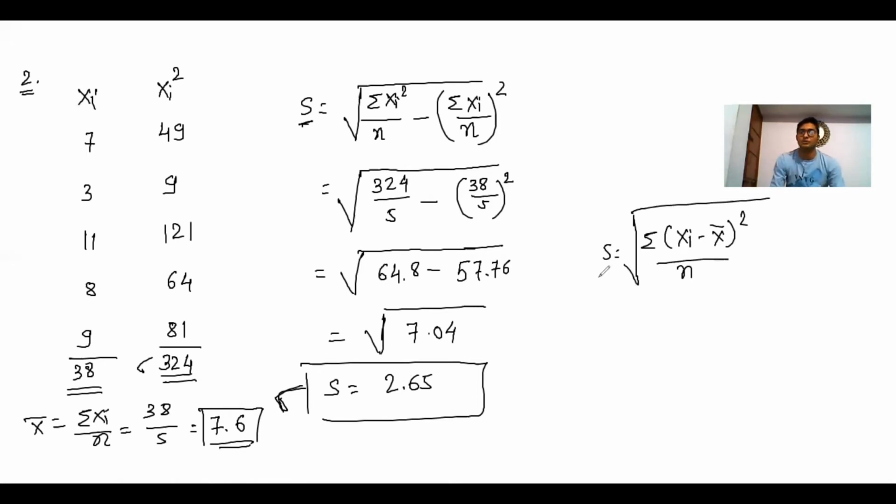There will be no issue solving with this formula, but it creates some difficulty when x bar is in decimal point and you take the square of this. So there may be some rounding mistake. I have already solved this sum by another formula. After this, the next sum is for grouped data.